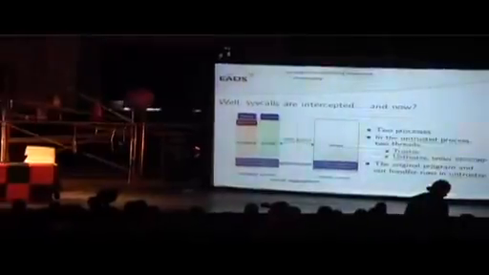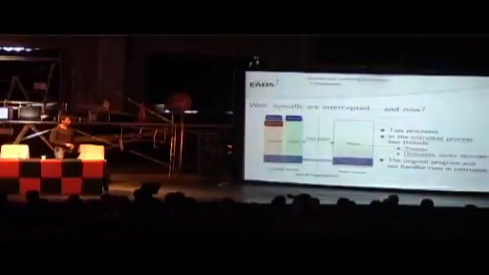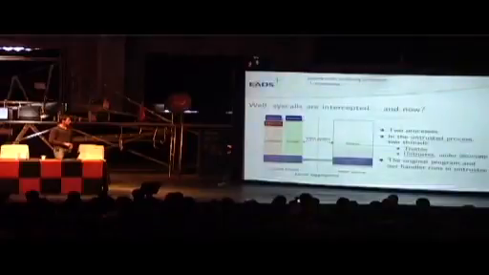But in fact, it's a little bit more complex. So we have our two processes. On the right side, you have the helper, which is an application that we wrote. And on the left side, you have the untrusted process. And the untrusted process is composed of two threads.